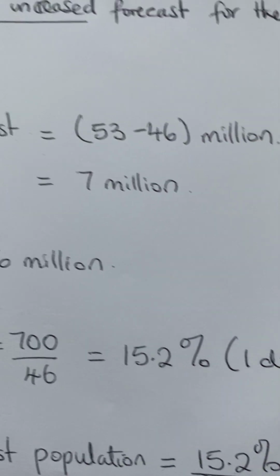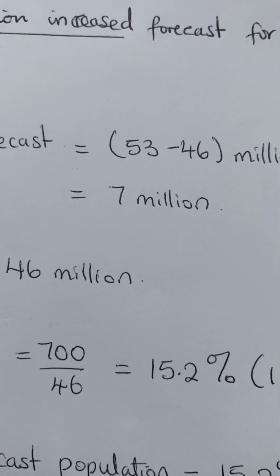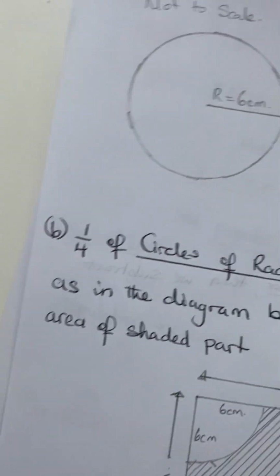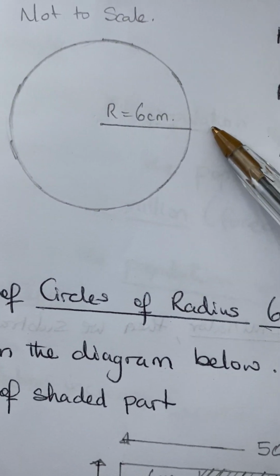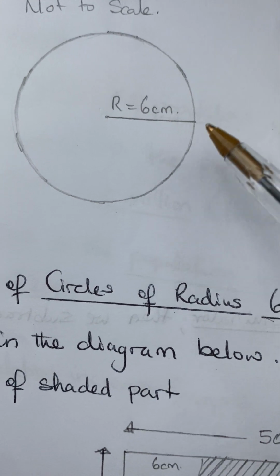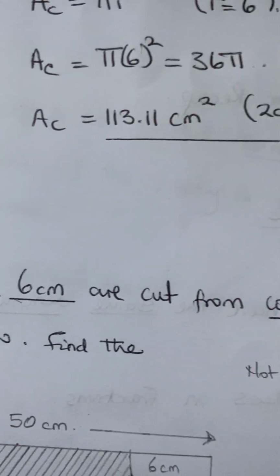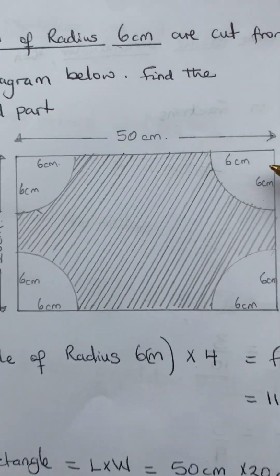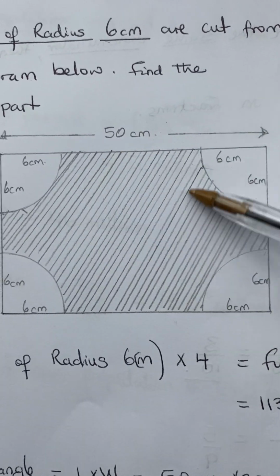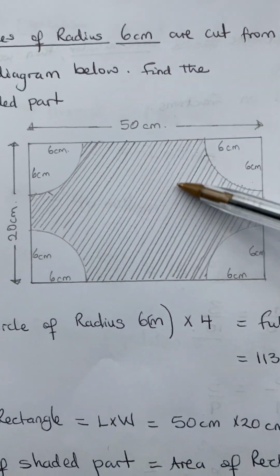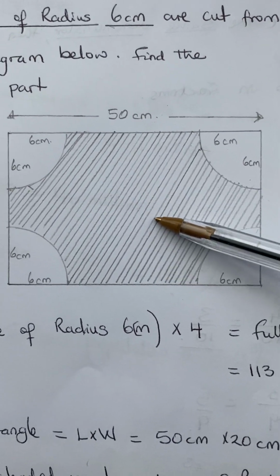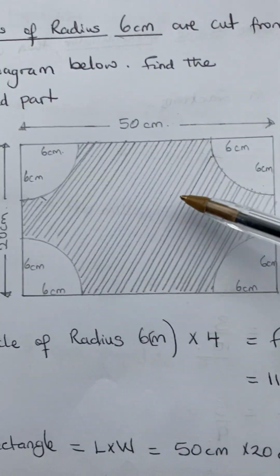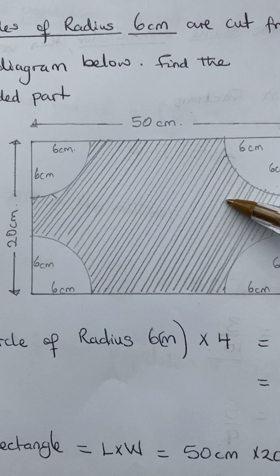So look at it again, the question we've done. Look at how it is. You found the radius of a circle. You used that radius to solve this question. There is no formula that can solve the shaded part, okay? But the first part of the question helped you to solve the second part.